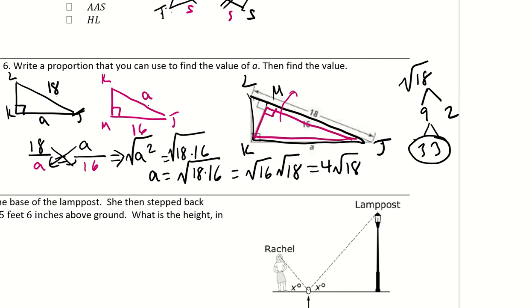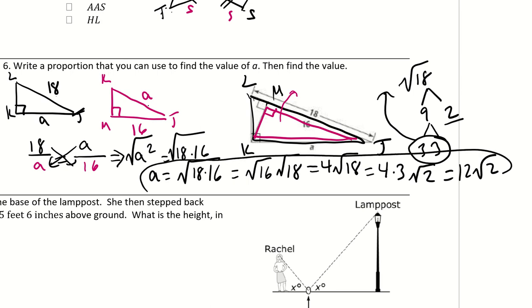Oh, we got ourselves a pair, so that's going to be kicked out, and the 2 is going to remain on the inside. So 3 is on the outside. However, we have to multiply that with the 4. So we get 4 times 3, and the 2 remains on the inside. 4 times 3 is 12. So A is equal to 12 square root of 2. Actually, I'm just going to box this as my answer. So that's A.